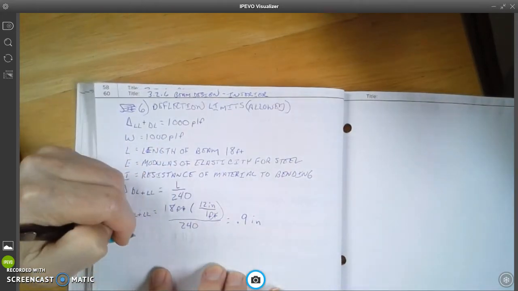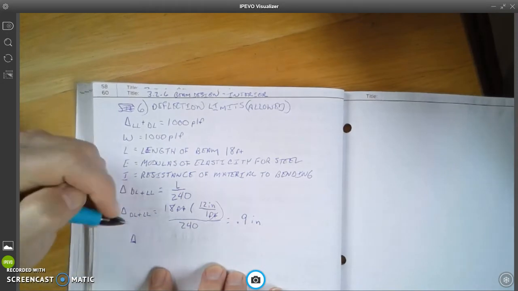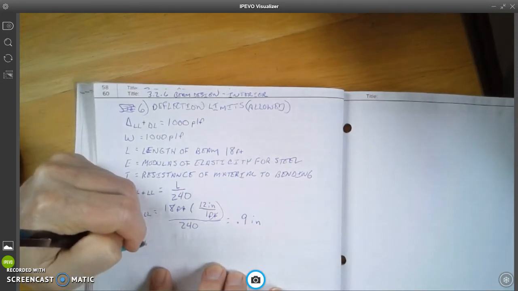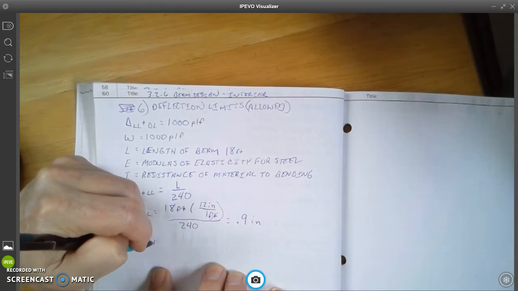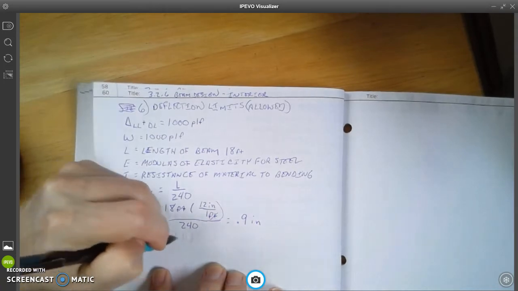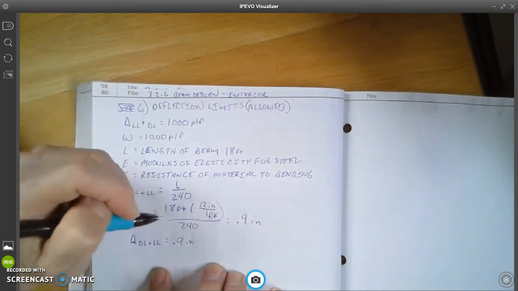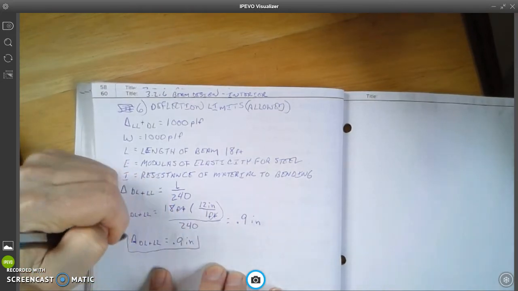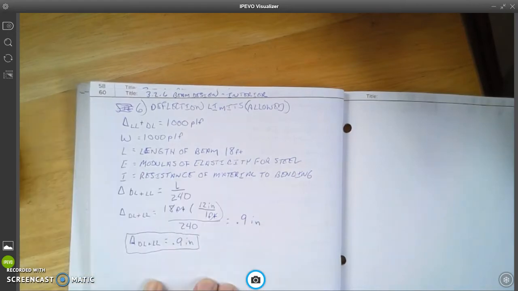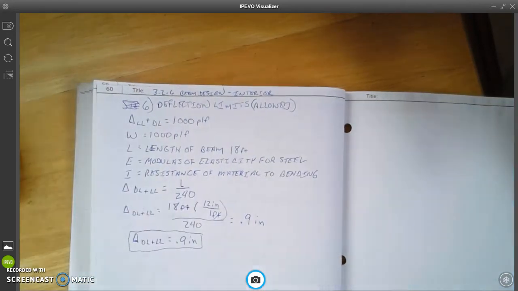So our delta for the dead load and live load is going to be equal to 0.9 inches. Okay, so that's the deflection limits for the allowed.